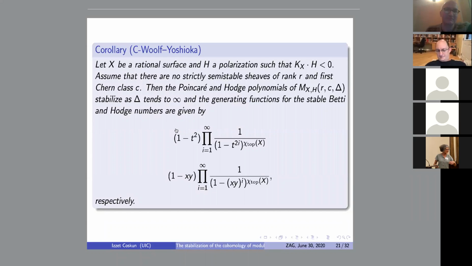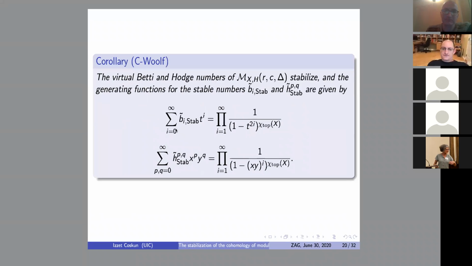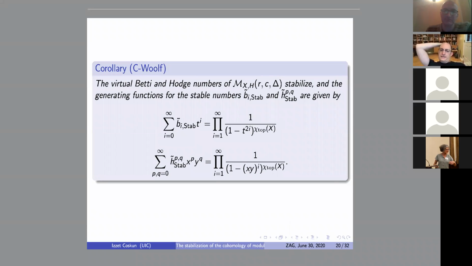And another question: is this formula similar to the formula for abelian or K3 surfaces? Well, it is similar in the sense that what you do is you take Göttsche's formula, multiply by 1 minus q, and set q equal to 1.